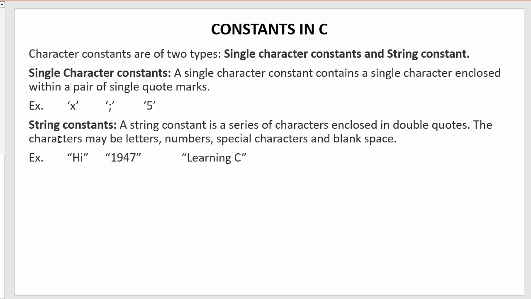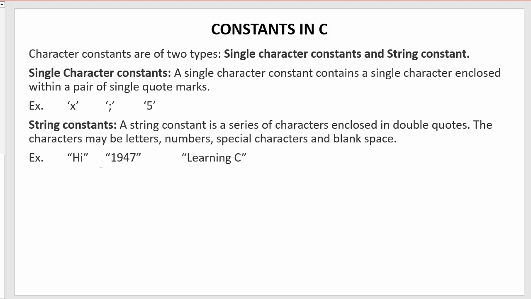Next is string constants. A string constant is a series of characters enclosed in double quotes. You may want to set a string, or a sequence of letters, as a constant in your program. In that case you can use string constants. The characters may be letters, numbers, special characters, and blank spaces.